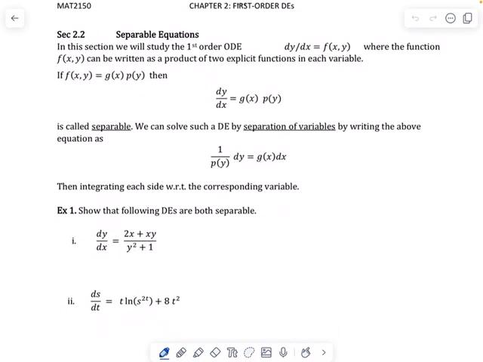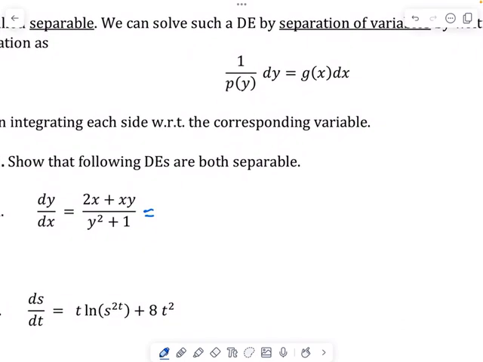At first sight, the equation doesn't look separable, but let us see what we can do here. If you notice here, dy and dx. We want one function completely of y and one function completely of x. Remember, we will treat them as differentials, so dy and dx, so we can separate them.